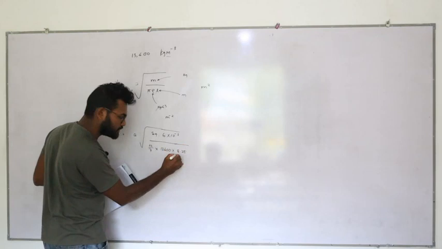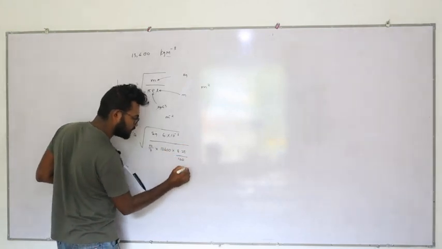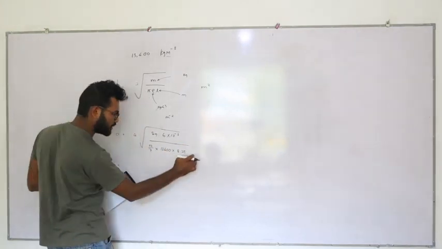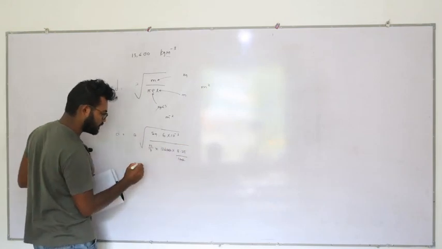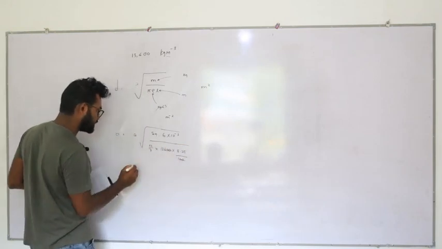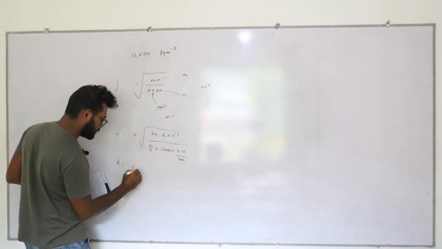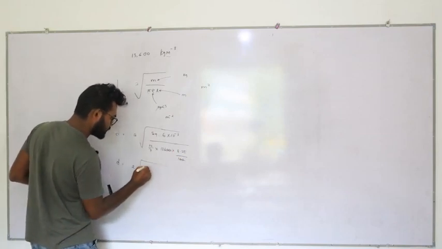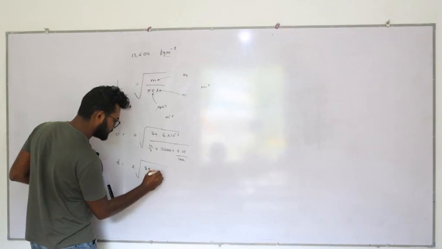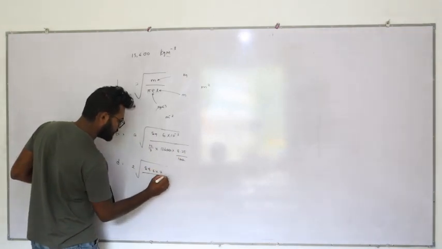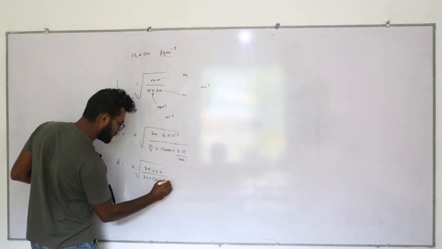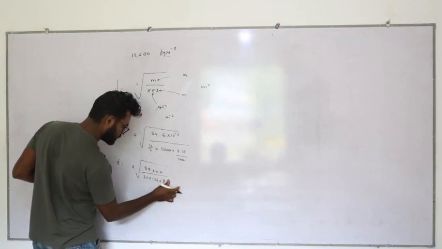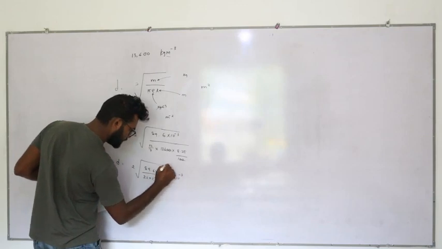We should divide it by 100 to make it meters, or you can put 10 to the power -2. Right, now these zeros cancel off. Now let me write the 7 up. 2 root 89.6 into 7 over 22 into 136 into 8.25. Also, we have 10 to the power minus 3 inside the square root.